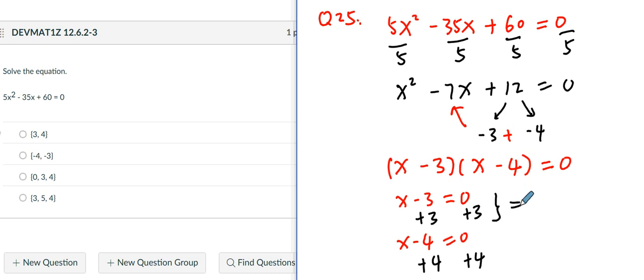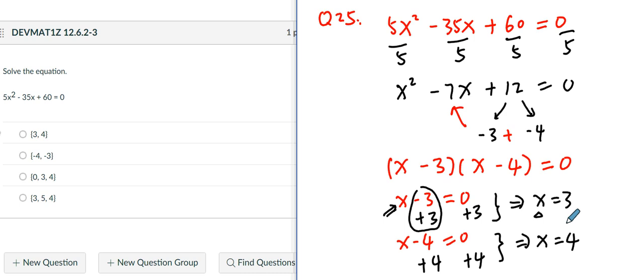Here you end up with x equals 3, because again those two are cancelled. x stands alone on the left. 0 plus 3 is 3. Similarly here you get x is 4.